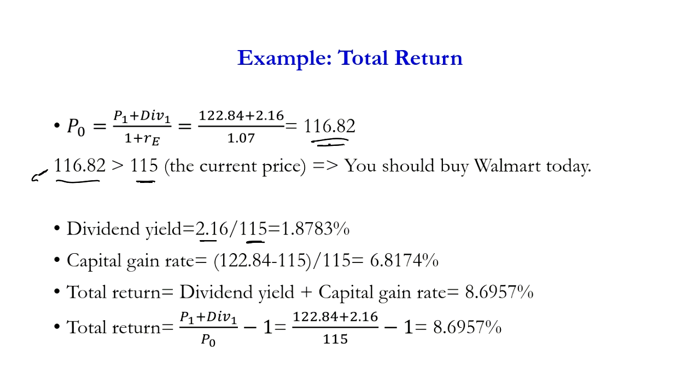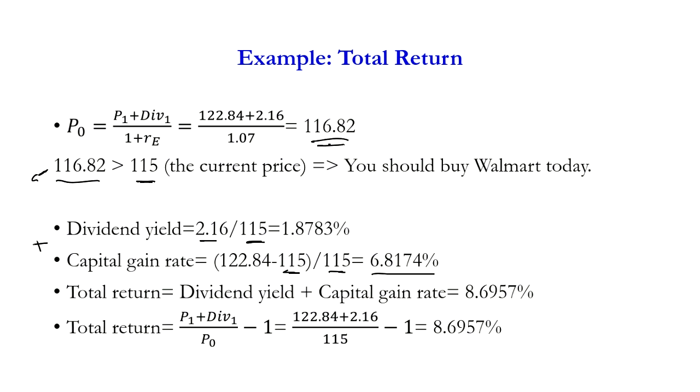If you just divide those two numbers, you get 1.8783%. And the same thing for the capital gain rate: I'm using the current price, which is observed on the stock market, and I get 6.8174%. To calculate the total return, we have two ways to do that. Once we calculate the dividend yield and the capital gain rate, we can just sum these two numbers.